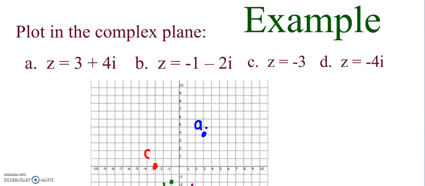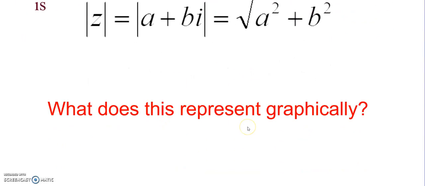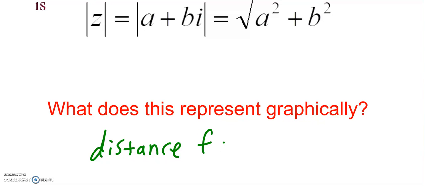Well, we don't have a number line anymore. We have a number plane, right? We have a complex plane. So the absolute value of a complex number is the distance from the origin. So that's why this is actually representing the distance formula.